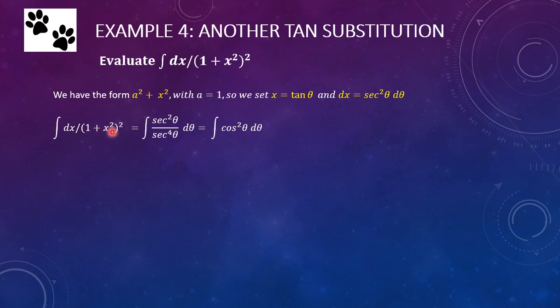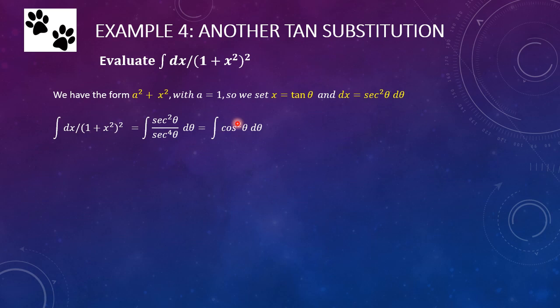For 1 plus x squared, we get 1 plus tangent squared, which of course is secant squared, and then we square that so we get secant to the fourth. Secant squared over secant to the fourth gives us 1 over secant squared. And since secant is the reciprocal of cosine, 1 over secant squared will give us the integral of cosine squared.